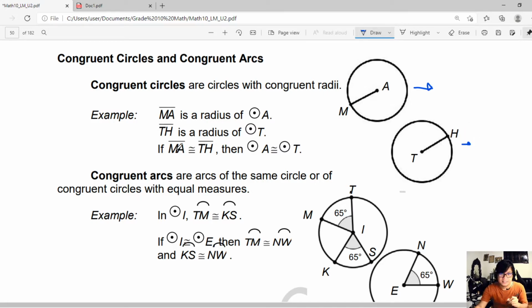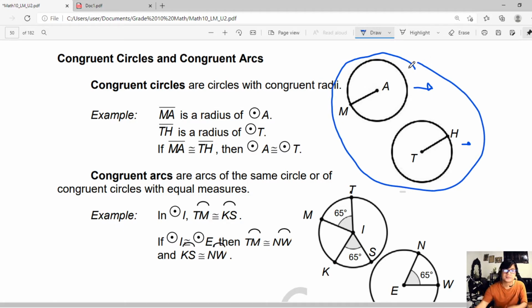If segment MA is congruent to segment TH, then circle A is congruent to circle T. So, kung yung kanilang dalawang radii congruent, then we can say that itong dalawang circles are congruent. Ibig sabihin, the same yung kanilang measure. So, yun yung sinasabi sa congruent circles.